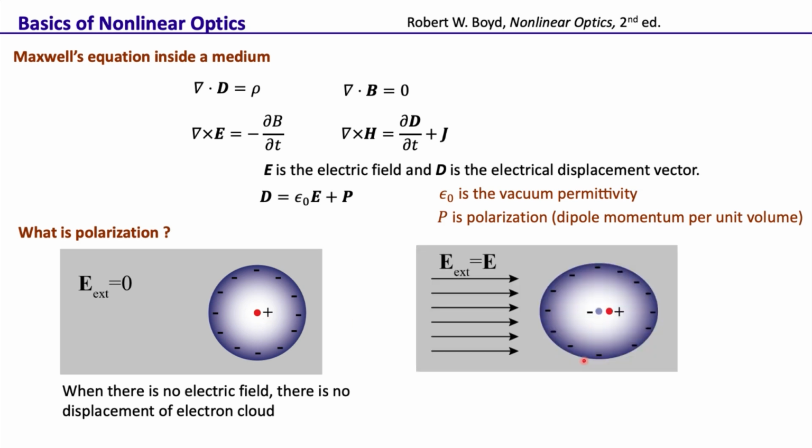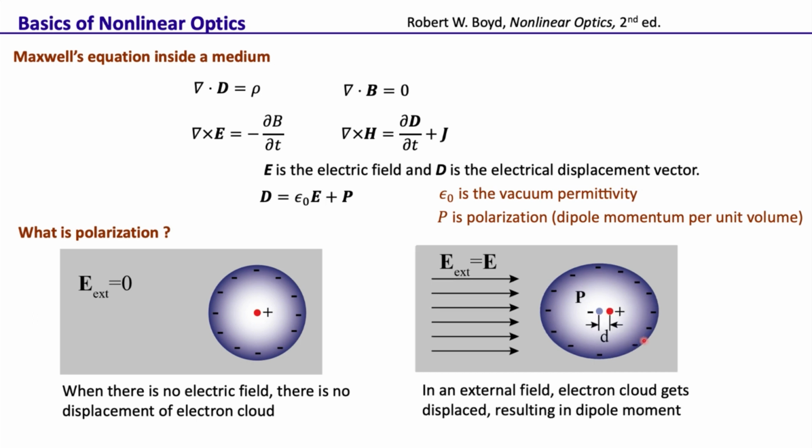But if we apply an external electric field, then the negatively charged electron cloud will be pulled towards the field and the positively charged nucleus gets pushed away. As a result, the center of the electron cloud won't be at the same location as that of the nucleus, and so there will be some separation between the two.